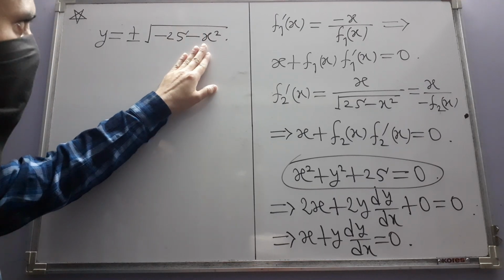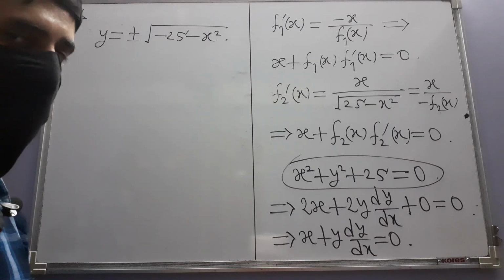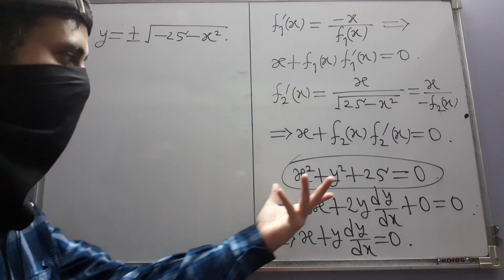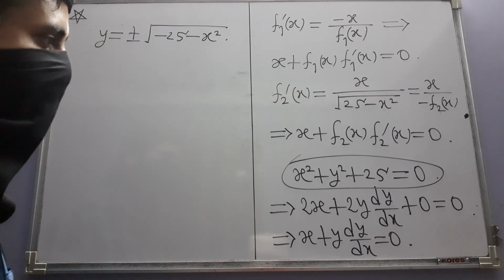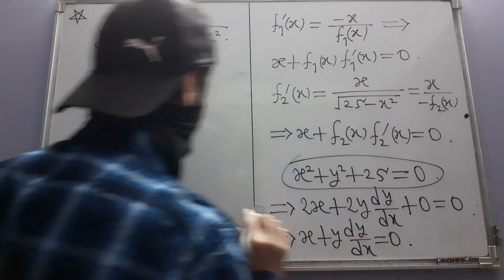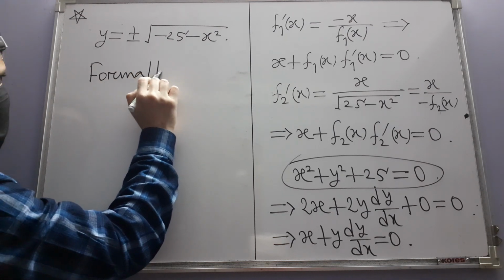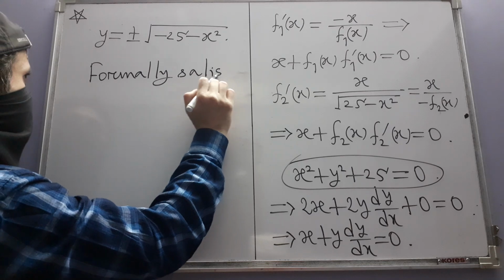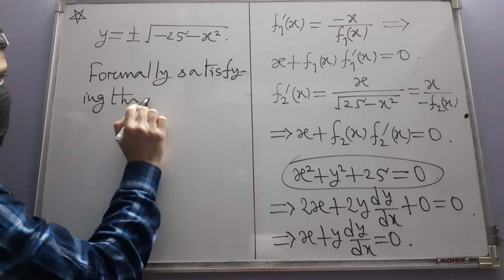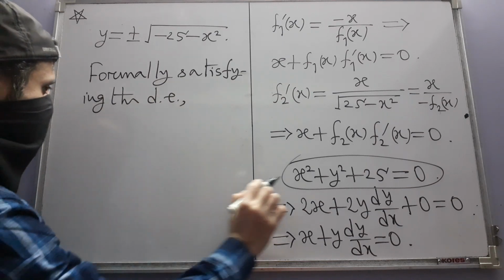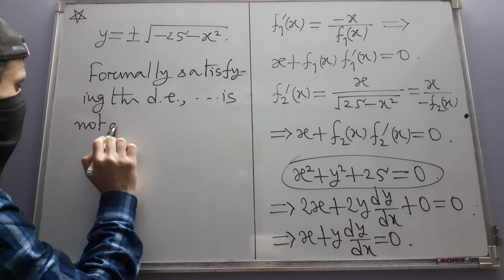Again, because x square is non-negative, but minus 25 is negative. So no, this doesn't give you any real function at all. And that is why, in spite of formally satisfying the differential equation, this is not an implicit solution.